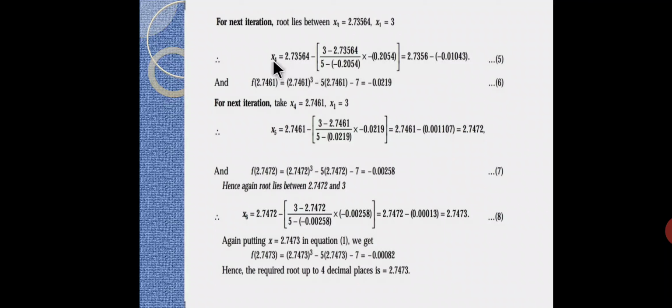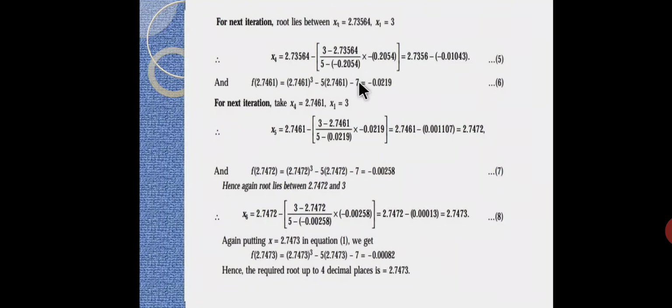We get x4 is equal to 2.7461. And also find f of x4, we get f of x4 is equal to minus 0.0219, which is negative.